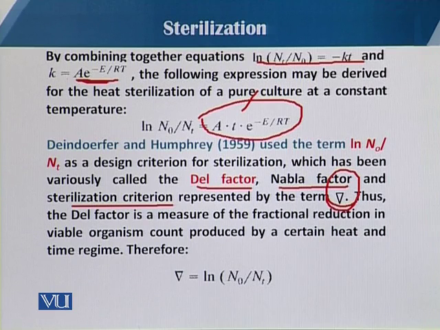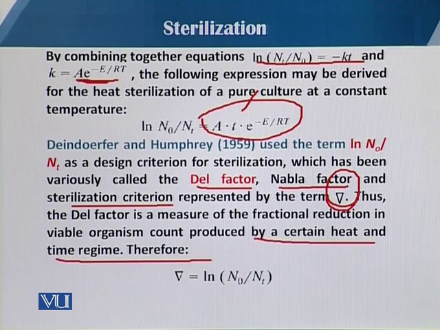The Del factor is the measure of the fractional reduction in the viable organism count produced by a certain heat and time regime.